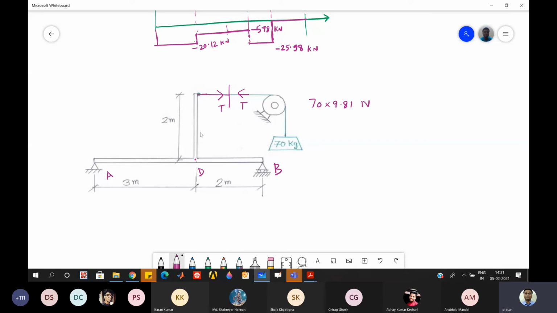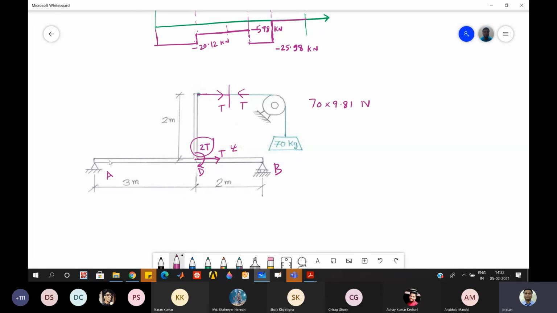Because it is offset, the equivalent force at D is transferred as it is, and it gives an additional moment or couple, which is R cross T, but because it is planar, it will be just 2 times the T, where this is 2 meters, so this distance into the force. But you can see this information is not required for the axial force diagram.